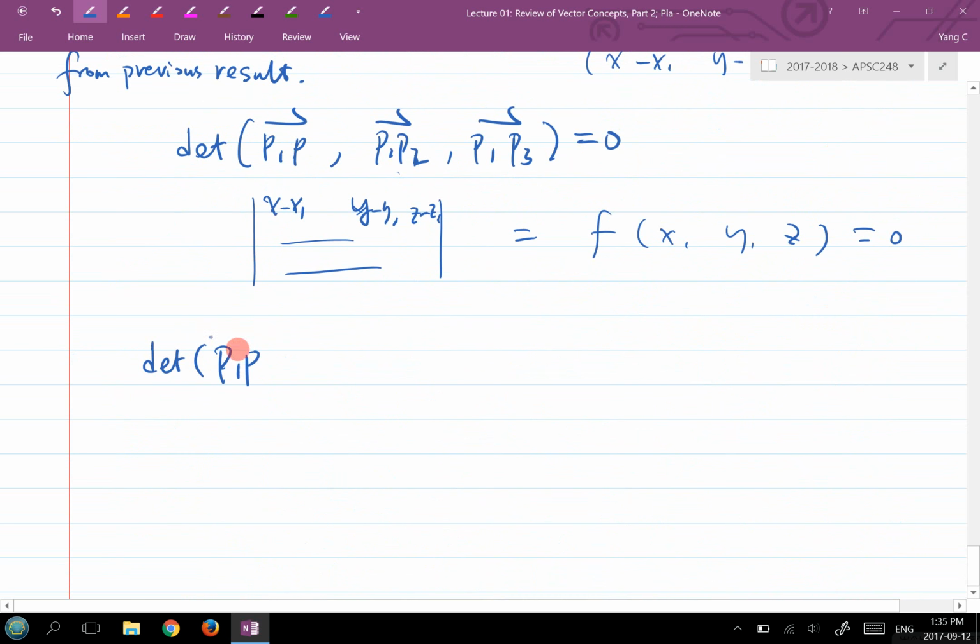How does that help in terms of the computation? All right, so looking at a formula here.